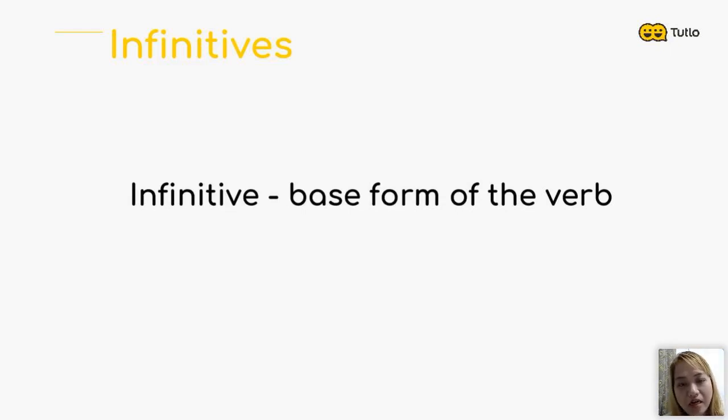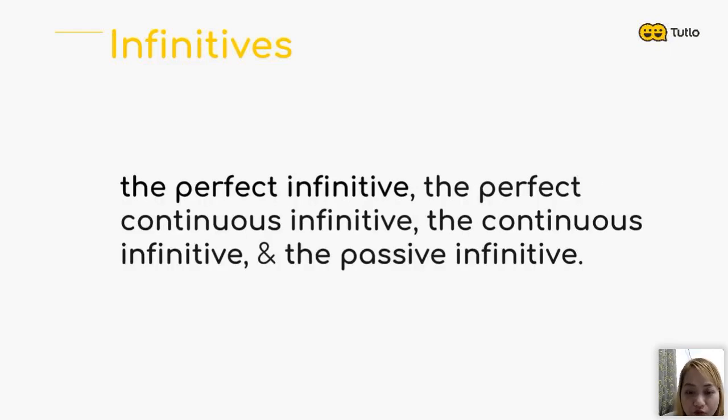Many of us are not aware of it. That is what we call the perfect infinitive, the perfect continuous infinitive, the continuous infinitive, and the passive infinitive. Most of the time we just know the base form of the verb with to.